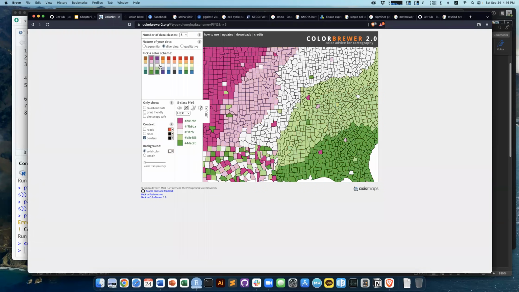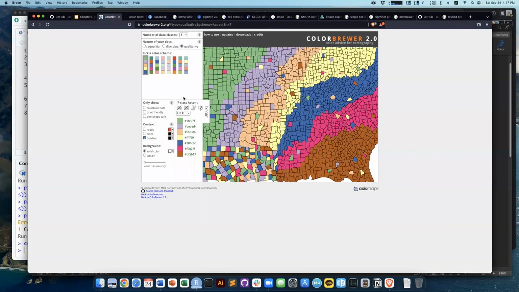Then you can choose the color schemes, and you see whether that is colorblind friendly or not, right? So you can click this. This is not colorblind safe. It's not friendly, right? Or you can use 7 as well. It's working. Or you can use the qualitative scheme, which is for discrete information.